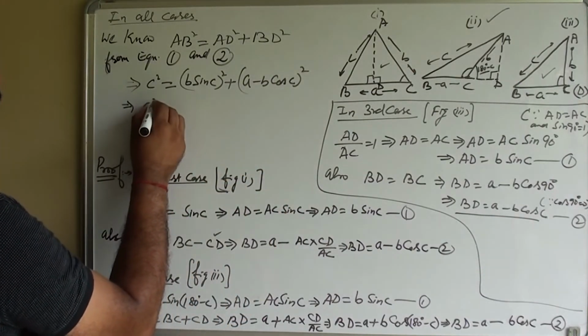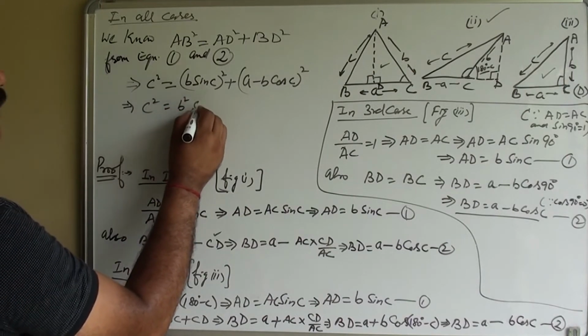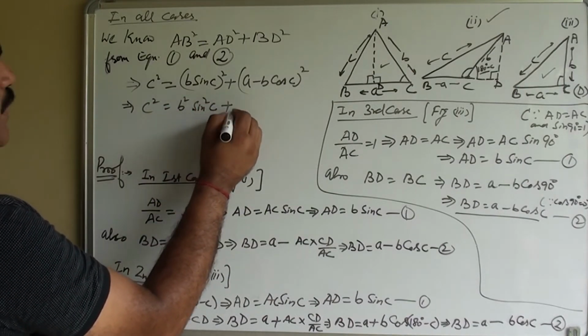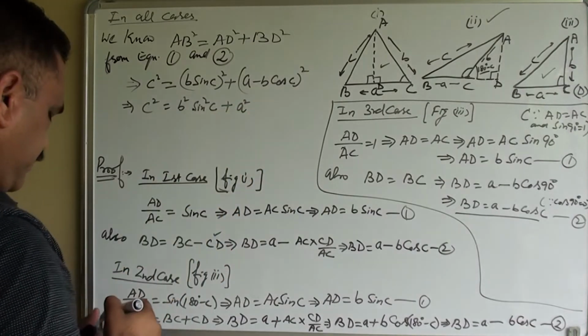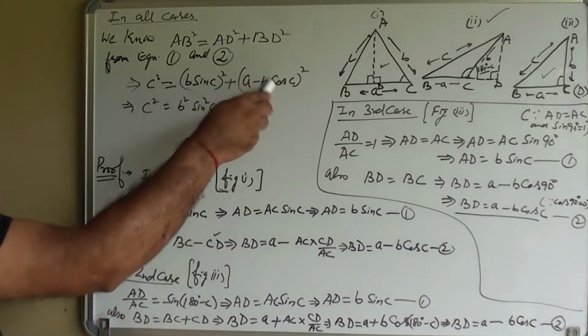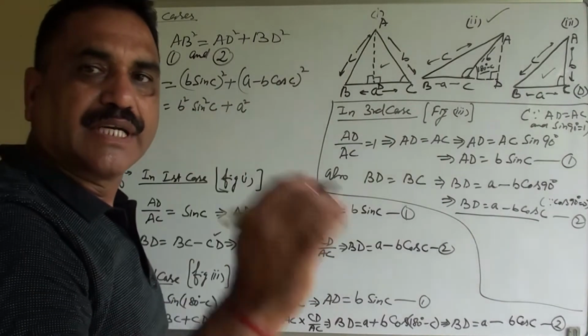So this implies C square is equal to B square sin square C plus A square. Now it is A minus B cos C whole square. So what is A minus B cos C whole square?